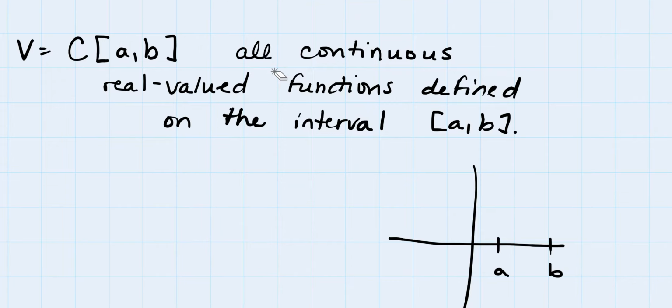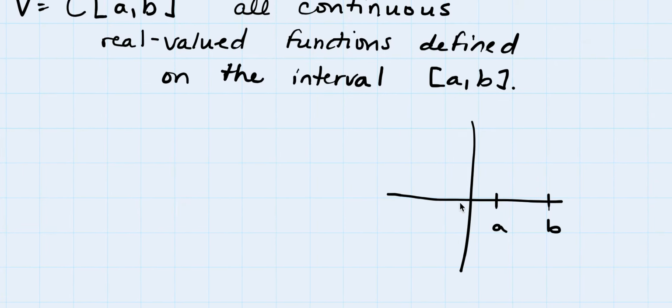Another example of a vector space is the set of continuous real-valued functions defined on this interval. So for example, if we have the interval from A to B, an element in this set would be this one, f of x is equal to x.